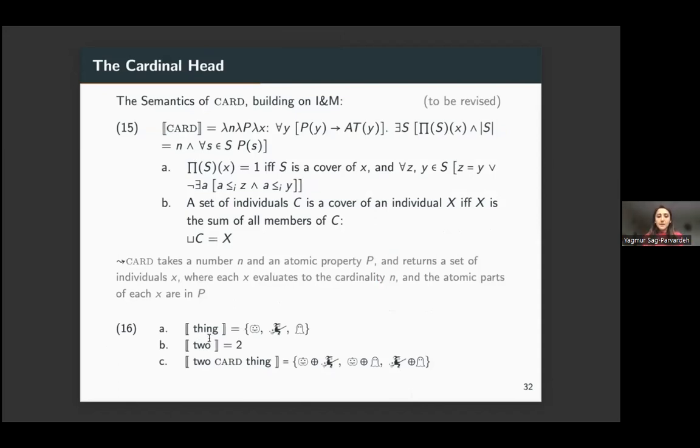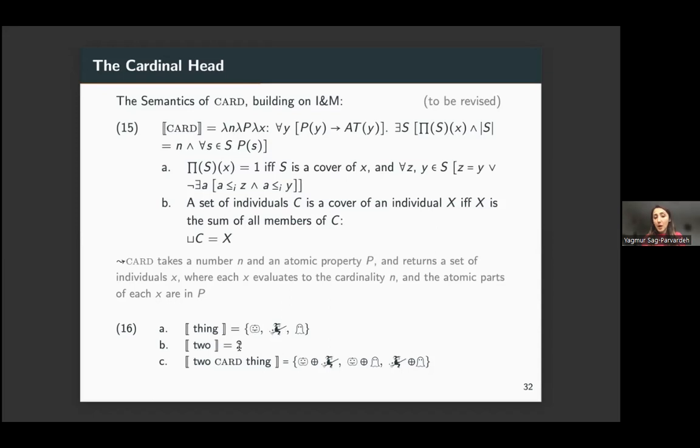We have a singular noun, and I want to say two things with that. The singular noun denotes an atomic set, as in 16a. We have a number denoted by the numeral 2. And then the card takes these two things and merges them in a way that it creates a new set.